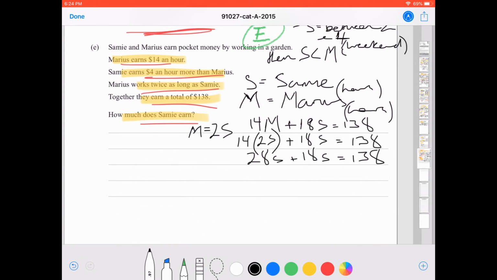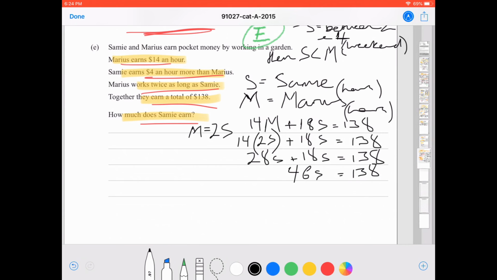Collecting like terms, 28 plus 18 is 46S, and this equals 138. And so this is something we just have to go ahead and work out. 138 over 46.